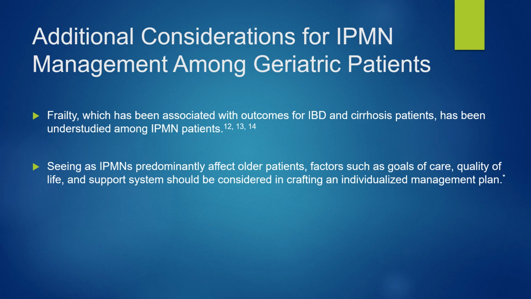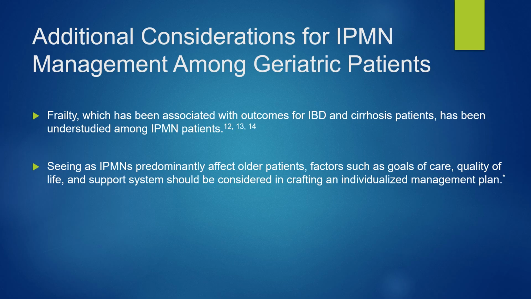And IBD and cirrhosis are relevant to compare to IPMNs because of the similar patient population, it being a predominantly geriatric patient population. Oftentimes, for these conditions, there have been frameworks, for example, the 5 M's of geriatrics, considering medications, mind, mobility, multicomplexity, and what matters most for older patients.